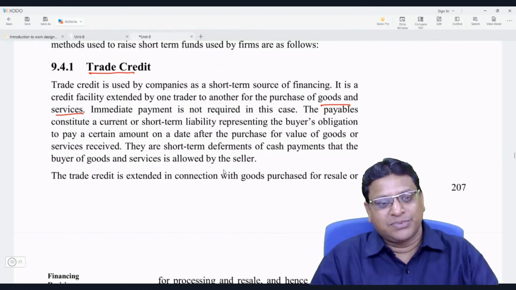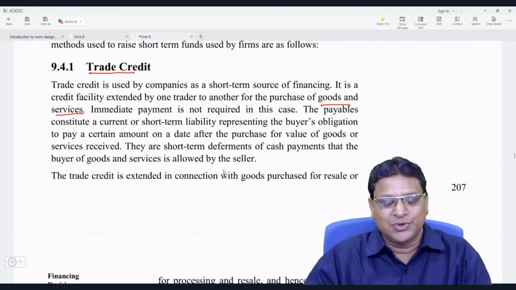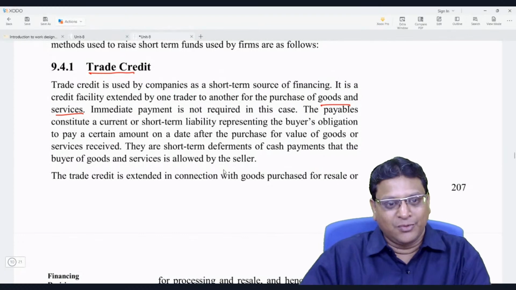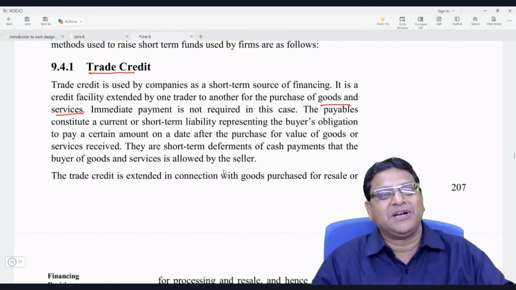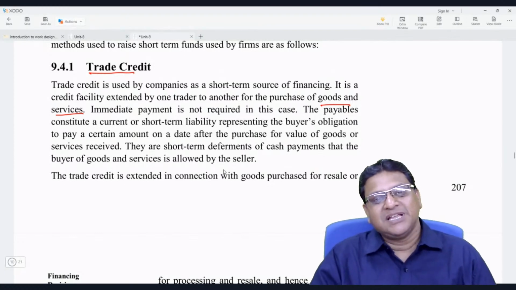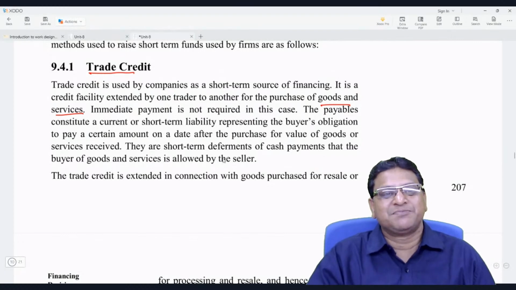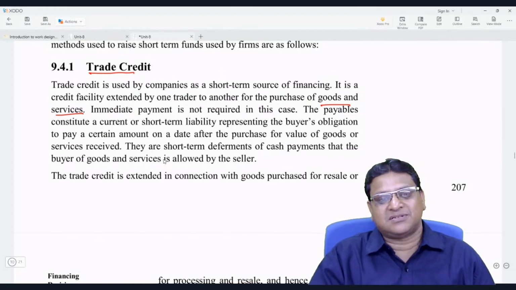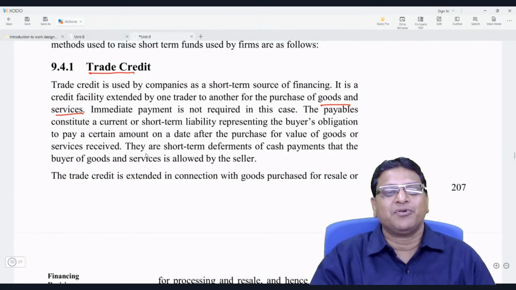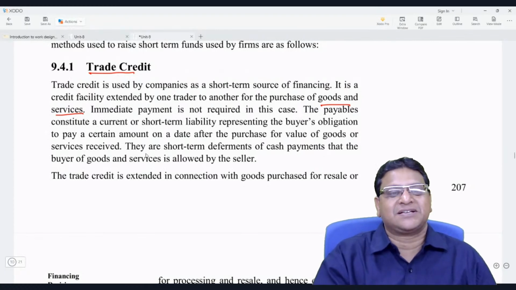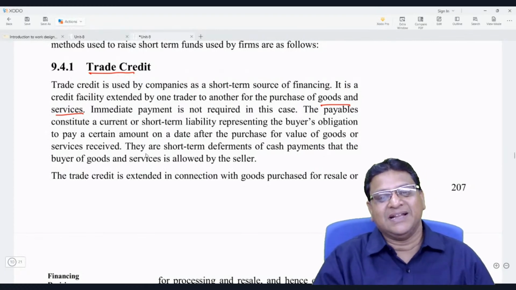You take 3-month credit or 2-month credit, and you sell the goods to debtors on 1-month credit, and when you collect the funds, you make payment to the creditors. That means if you operate a business, some portion of finance is provided by creditors or suppliers in the form of selling goods to you on credit. That is known as trade credit.